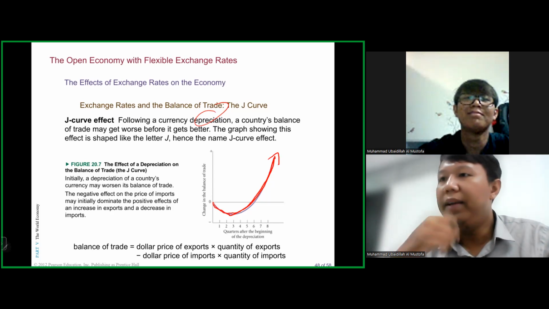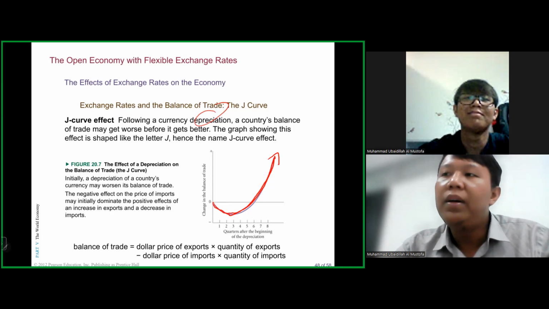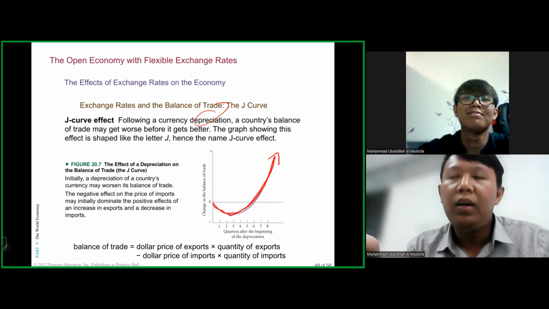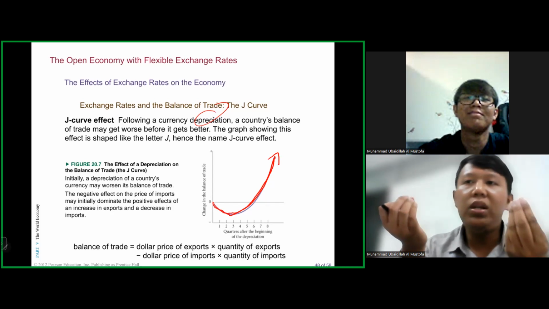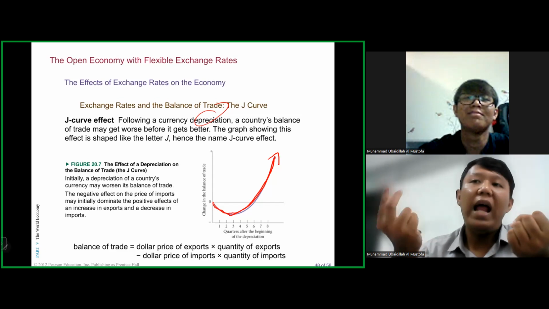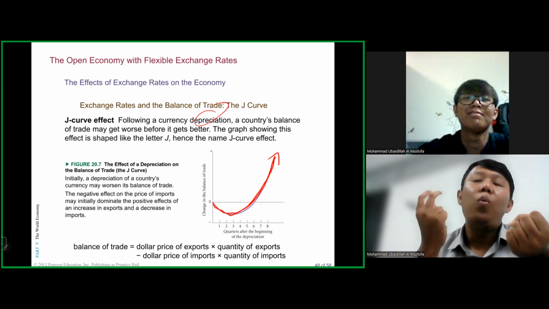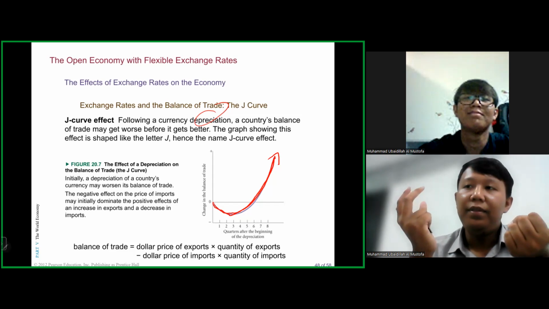Why does this happen? Because when we have a depreciation in our currency, it will give a negative effect on our imports. When we have a depreciation in our local currency, what will happen to our imports? Our imports become more expensive.